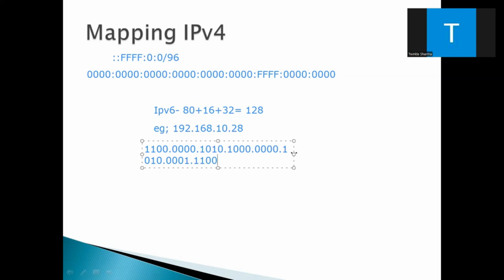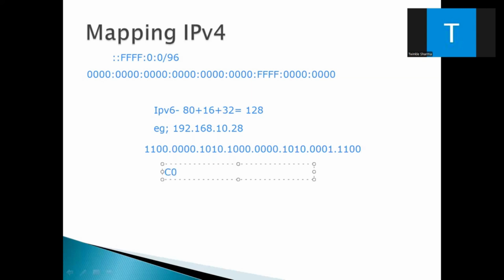Then I have to write it in IPv6 form, meaning hexadecimal form: C0AB, 0A1C, right?